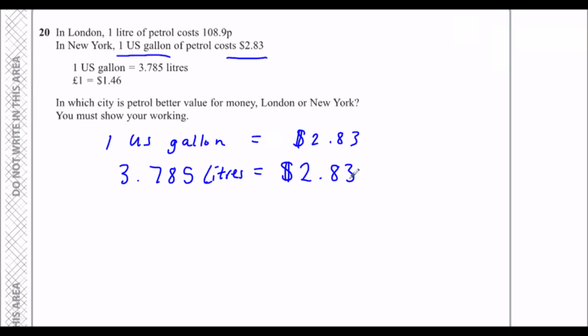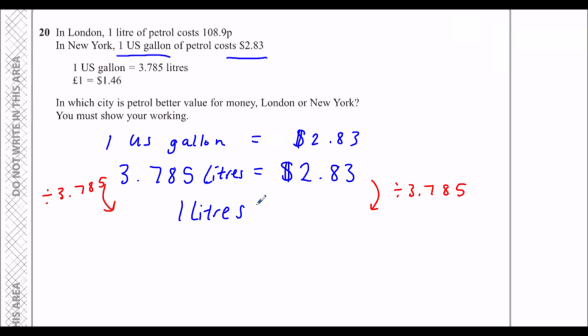So let's make it 1 litre first. So to make it 1 litre, I'm going to divide by 3.785. I want to know how much 1 litre costs.